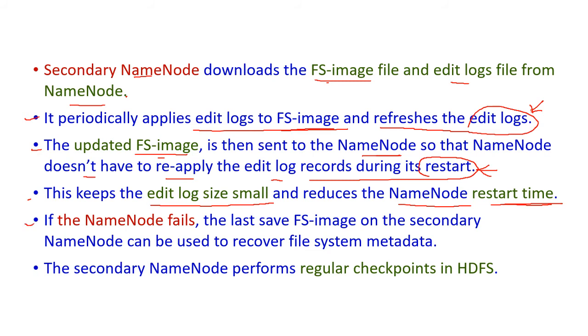And if the name node fails, that is the primary name node fails, then the last saved FS image file, which is actually on the secondary name node, can be used to recover the file system metadata. So if name node fails, we can immediately recover the data from the secondary name node. And the secondary name node performs the regular checkpoints in HDFS. So these are the importance of the secondary name node.